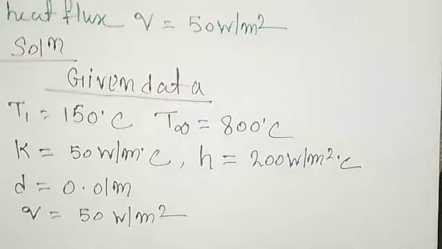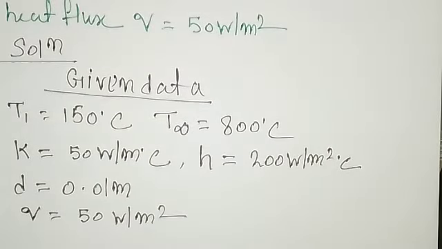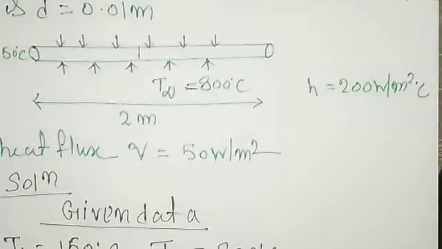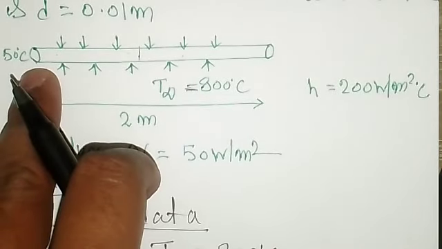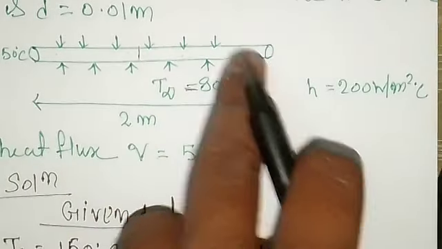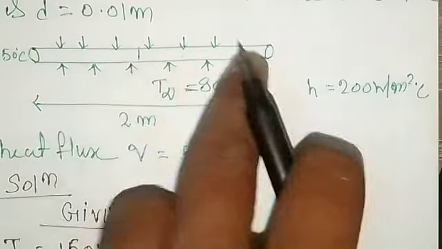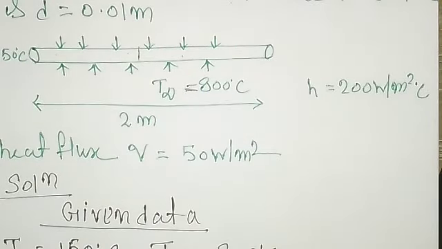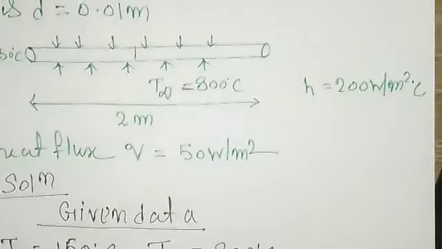We need to find out the temperature distribution, means when we discretize this body into two elements, right? So here you have T1, T2 and T3, node 1, node 2, node 3. So first of all we will find out the stiffness matrix.